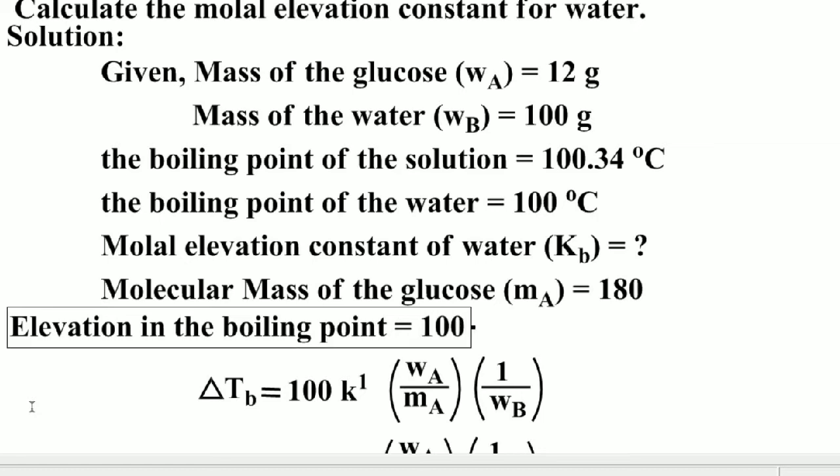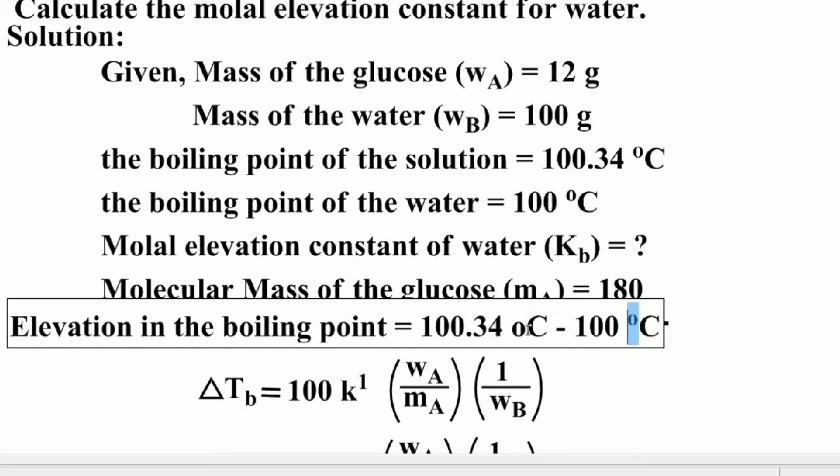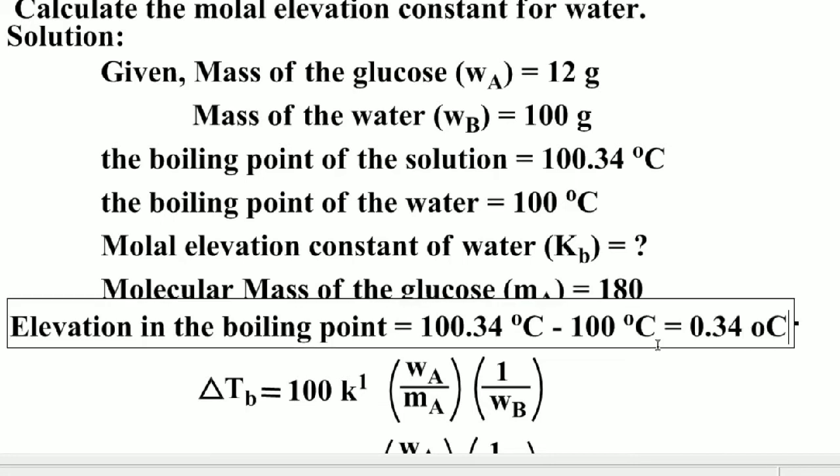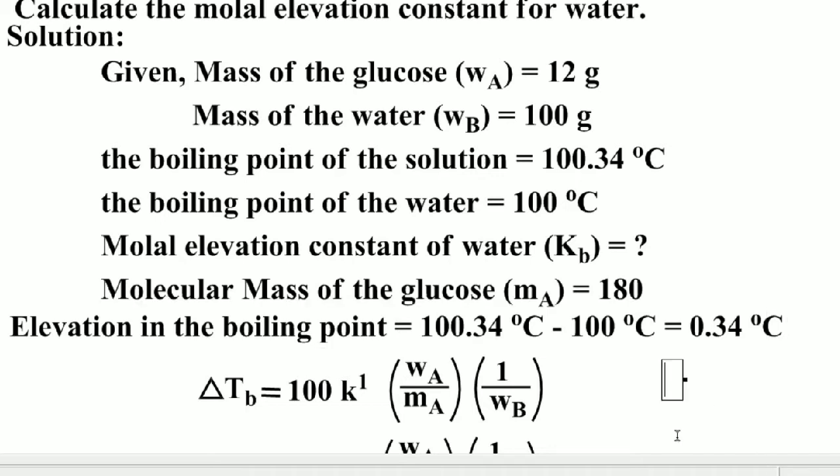Therefore, that equals 100.34 degrees centigrade minus 100 degrees centigrade. So students, 100.34 degrees centigrade minus 100 degrees centigrade, we get 0.34 degrees centigrade. 0.34 degrees centigrade is the elevation in the boiling point, delta TB.